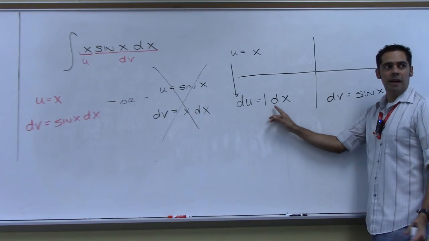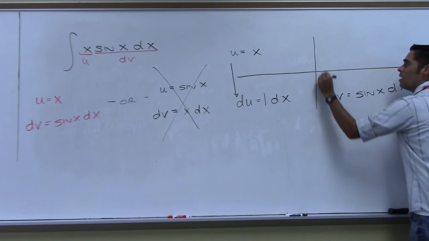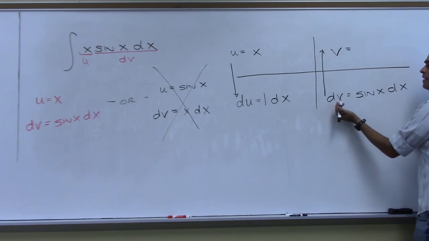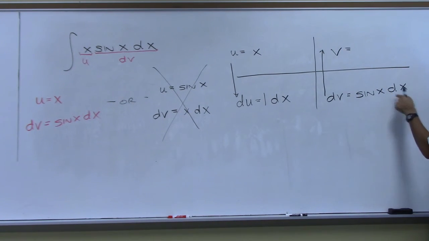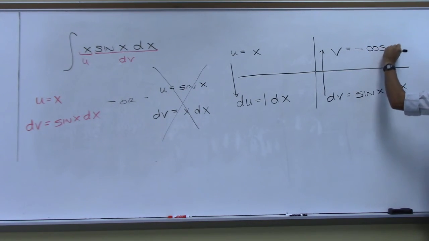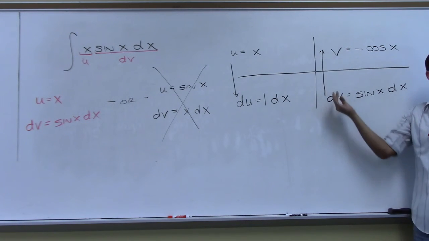Right? 1 dx. And then here, in my table, I have to go up in the table, which means antiderivative. What's the antiderivative of dv? It's going to be v. Negative cosine x, right? No dx. So do y'all see that the step from here is actually an integral?